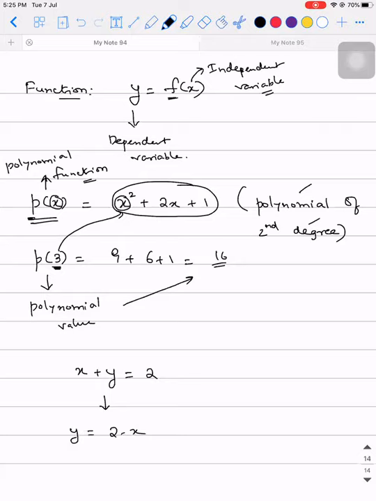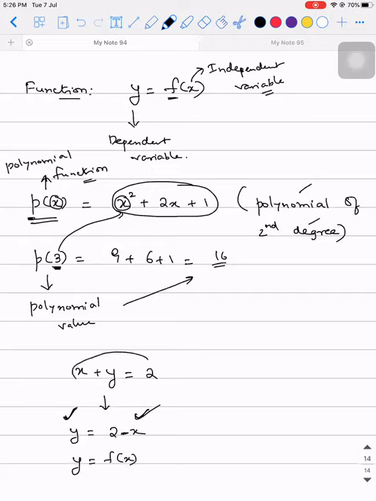Now, I'm trying to find out all the values of y that I will get by substituting different values of x. Who is going to give me the value of x? We are going to choose it. So this I will write as y is equal to f of x.